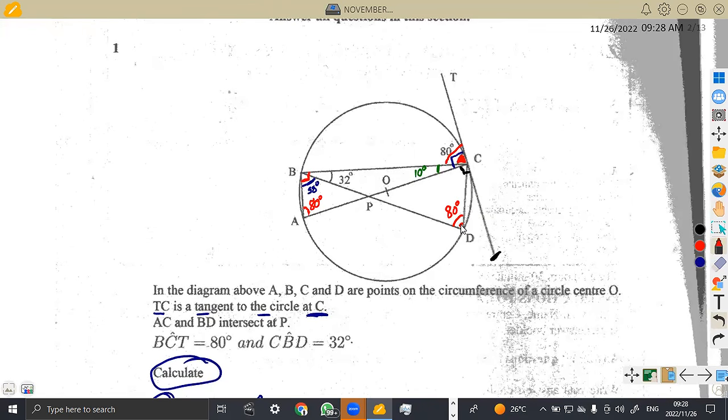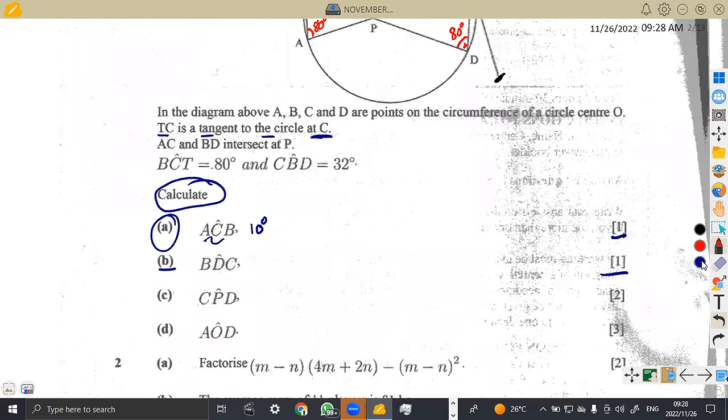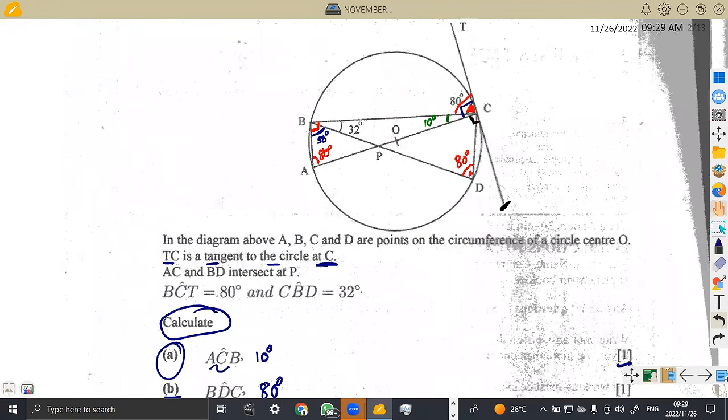But as we are answering this part of BDC, it is 80 degrees. So BDC was 80 degrees. Next, C, given CPD. So let's check C to P to D.